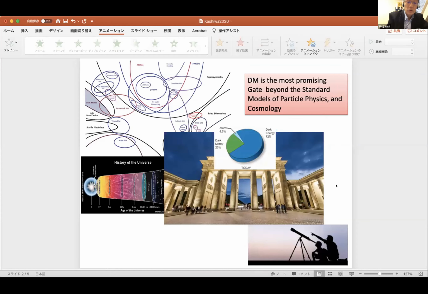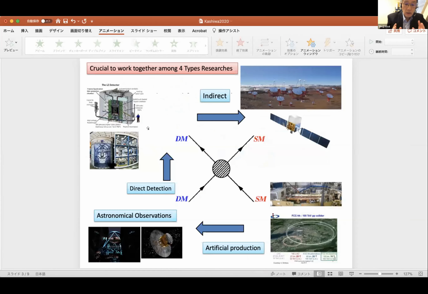Okay, sorry. As you know, dark matter is the most promising gateway beyond the standard model of particle physics and also the standard model of cosmology. Currently we have four types of experiment: direct detection, indirect detection, artificial production using accelerators, and astronomical observation.